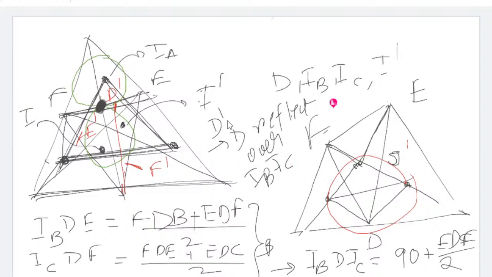So you can write DIB is equal to D dash IB. That does not really help. I'm trying to think, maybe that's the only length condition you can get. How do you incorporate D dash with E and F?